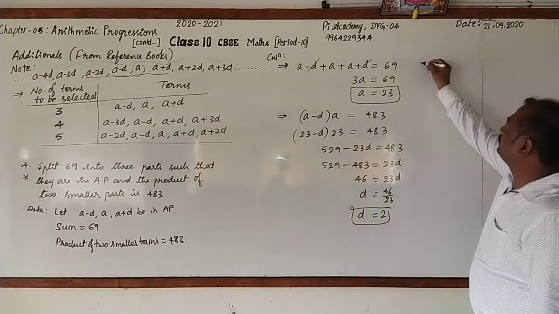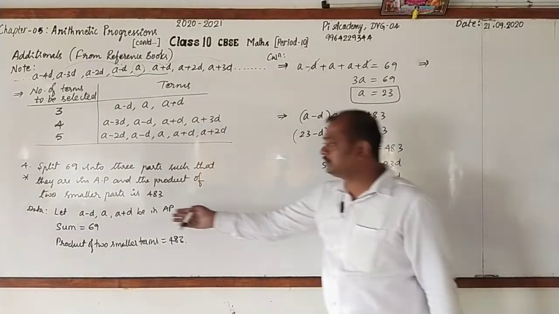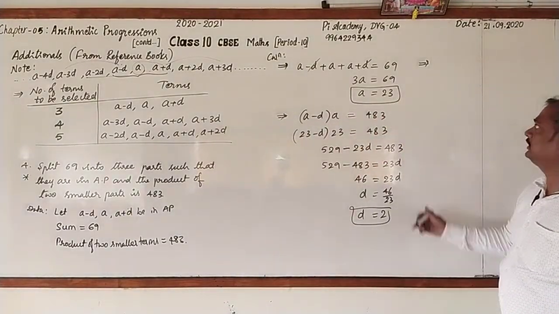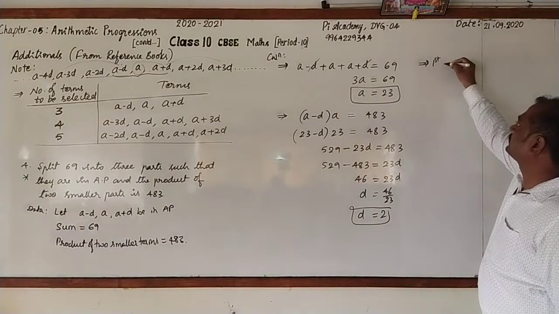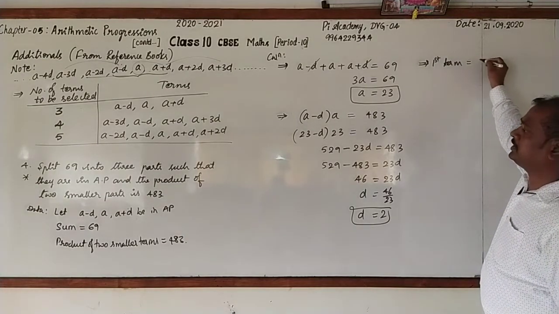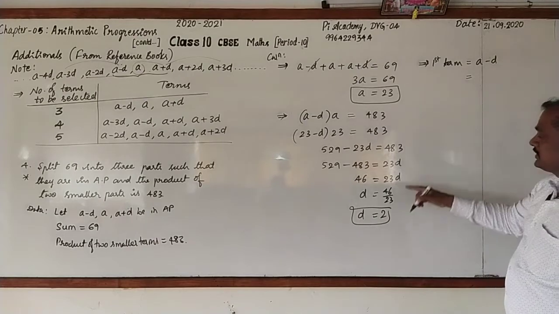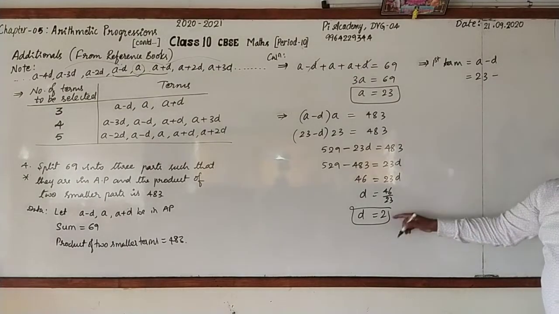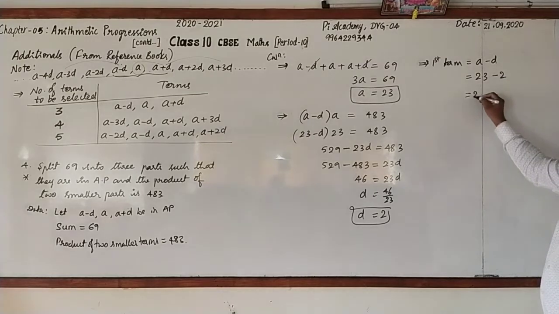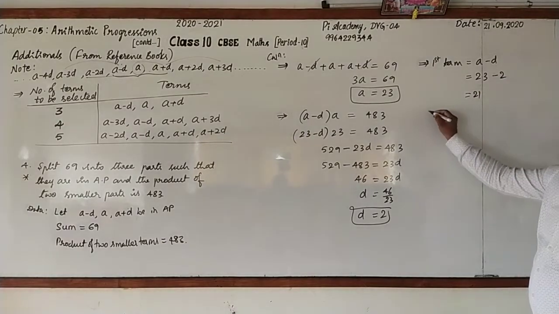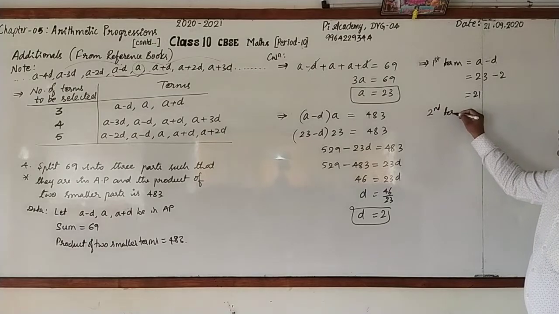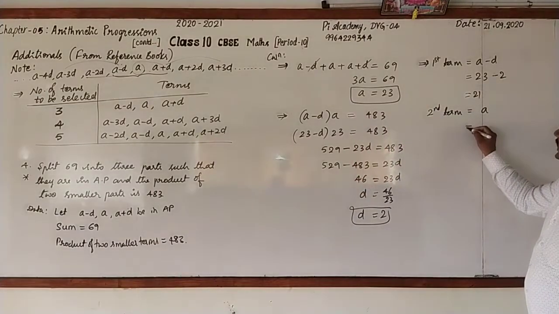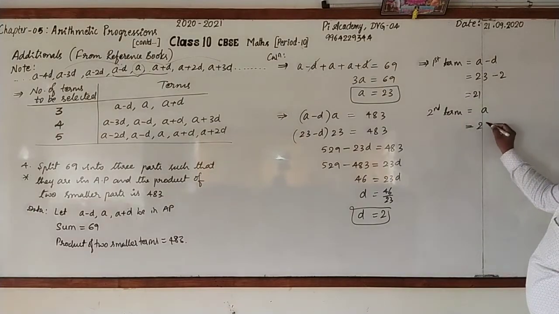Followed? Next, we need the terms. What are the 3 terms? The terms are A minus D, A and A plus D. Here I write: first term is A minus D. What is A? A is 23 minus D is 2. This will be 21. Second term is just A. A is 23.